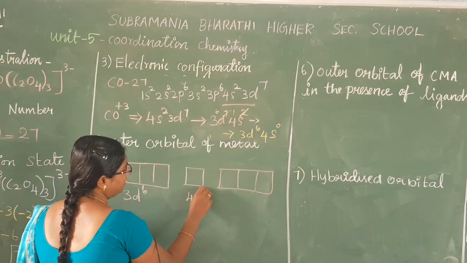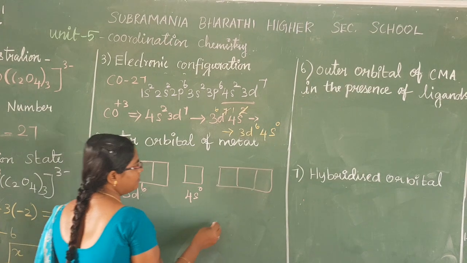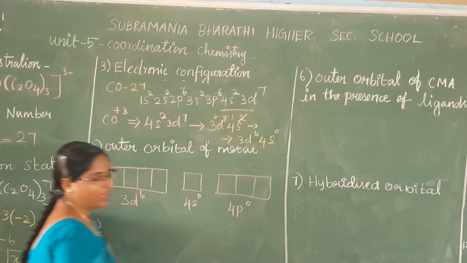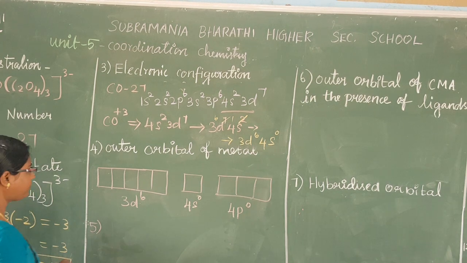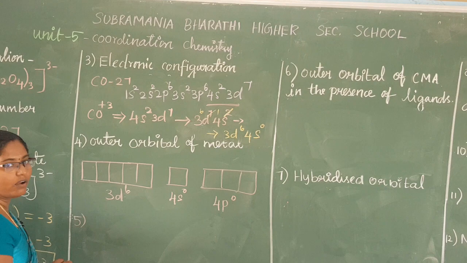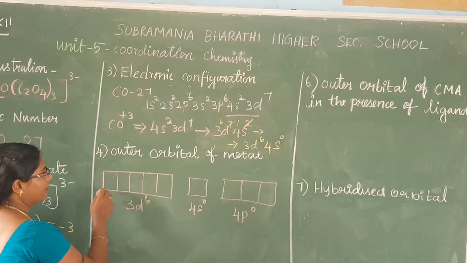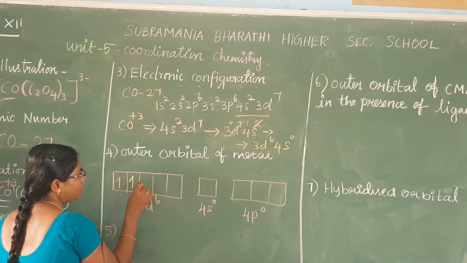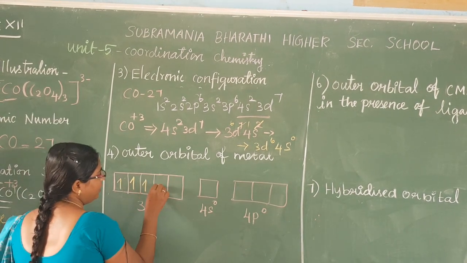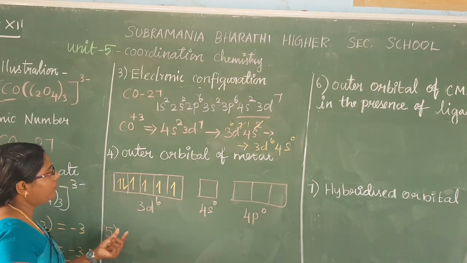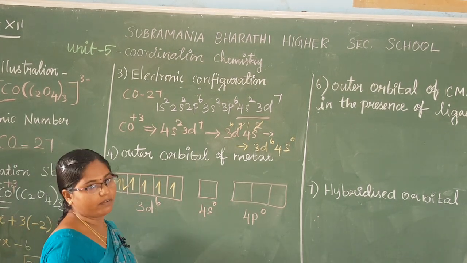In the 4s orbital there is no electron, so I am writing 0 here. The same way, the 4p orbital also does not have any electrons. So let me fill the electrons according to Hund's principle. 6 electrons are there: 1, 2, 3, 4, 5, 6. So this is the outer orbital of a metal.